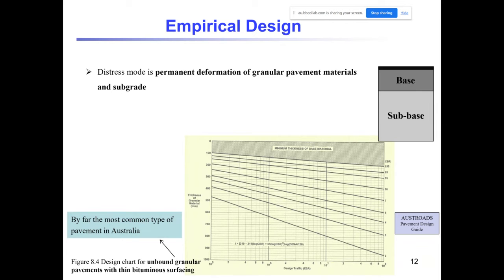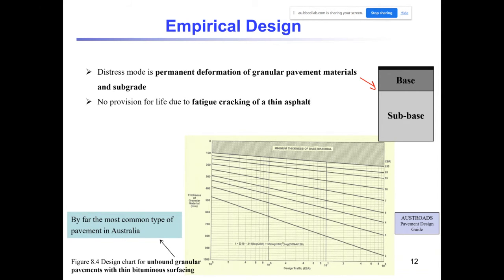So as I mentioned, we don't have any bound material in the structure of the pavement when we want to use empirical design, right? We have base and subbase, and both of them are granular materials. So in this case, the only mode of failure would be the permanent deformation at the top of the subgrade level.